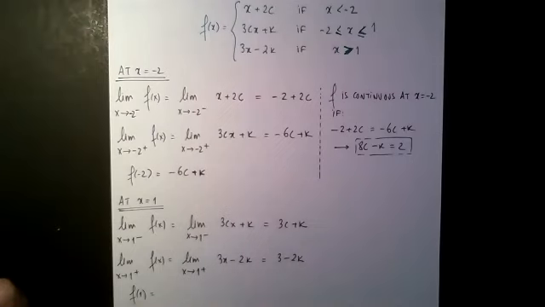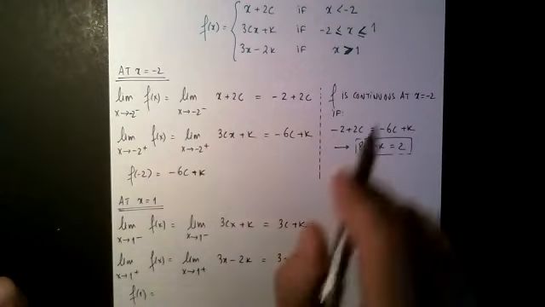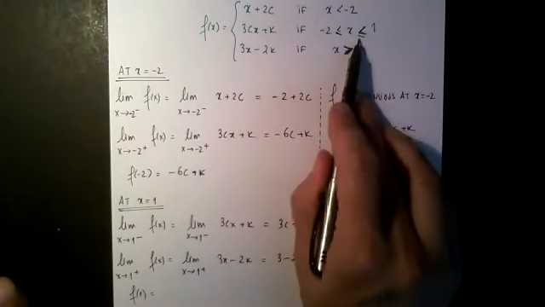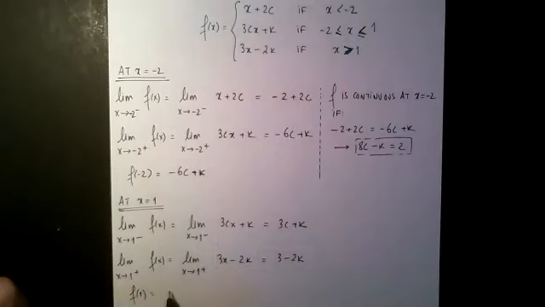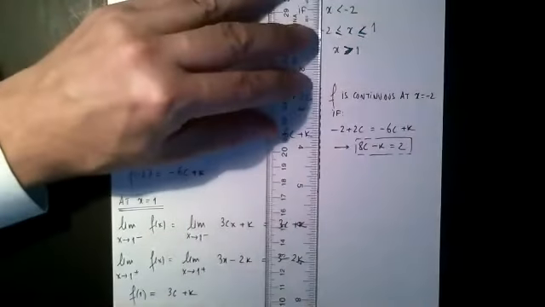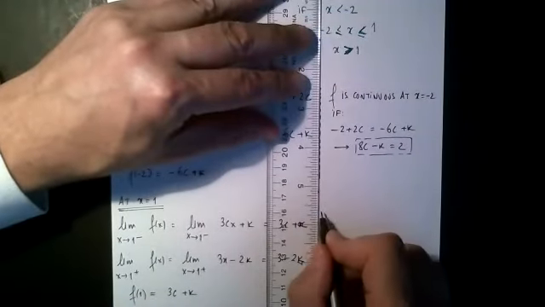And f of 1, which function do I use to find f of 1? The second one, because that's when x equals 1, is this function. Very nice. So I get 3c plus k. And again, these three values need to be equal to each other.